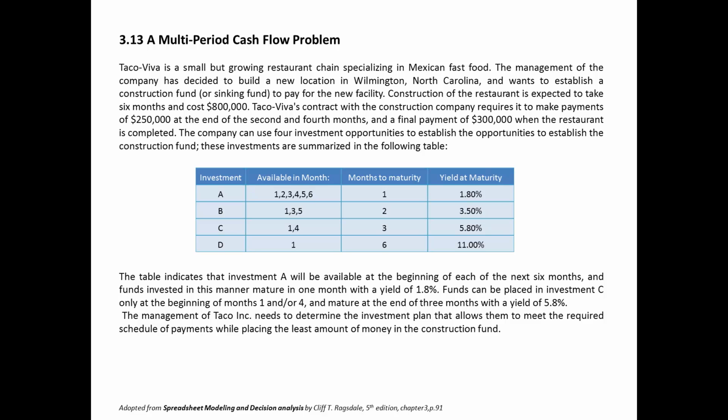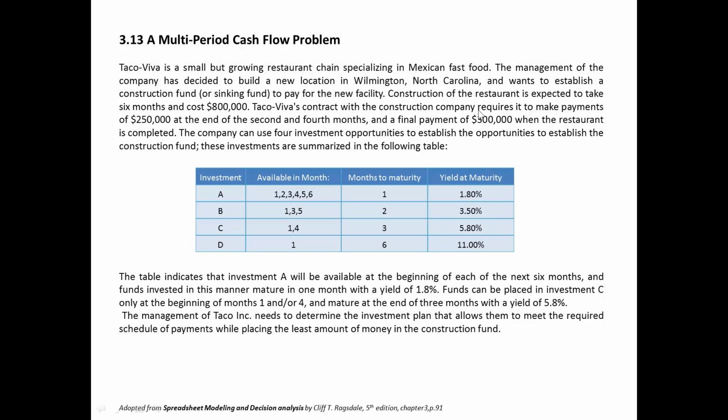But they're trying to minimize the amount of investment that they need to put in these different instruments to meet their obligation, which is $250,000 at the end of the second and fourth months, and a final payment of $300 million. So, the fundraising is for what? Construction.